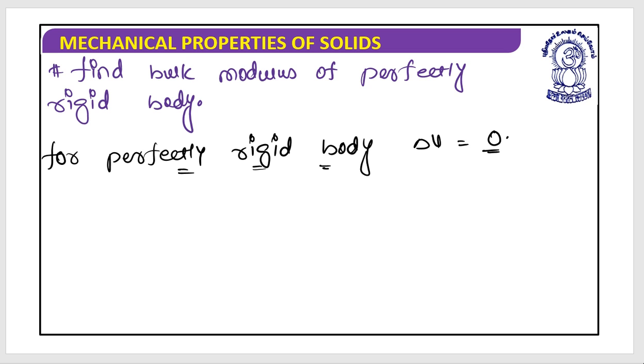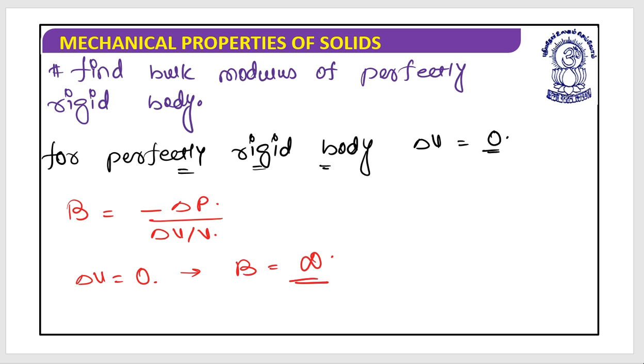So this could be written as B equals minus delta P divided by delta V by V. And in this situation, delta V equals 0. That means B is equal to infinite, or B tends to infinite. It would be very large if we define it for a perfectly rigid body. I hope this is clear.